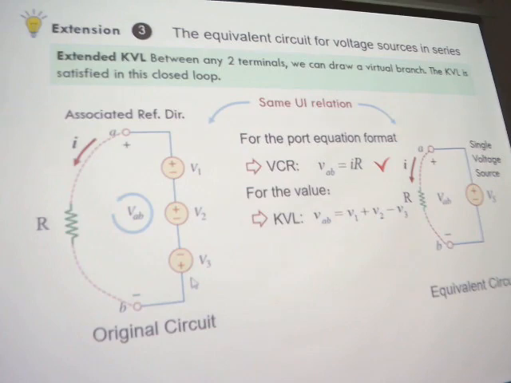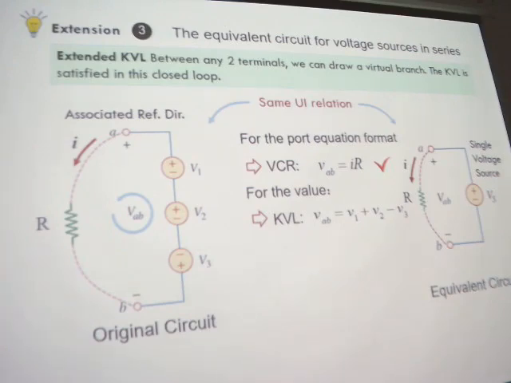Yes. Because the voltage here is equal to the voltage here. Okay? Understand? That means if we choose any two nodes of a loop, this one is extended KVL. If we choose any two nodes of a loop, the voltage on the left part is equal to the voltage on the right part.